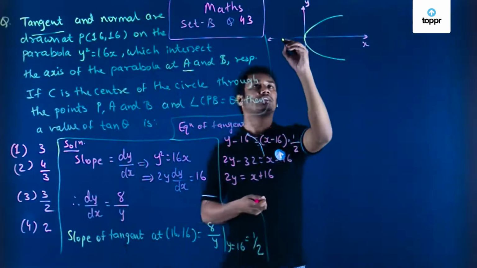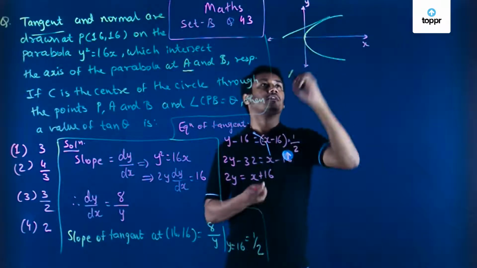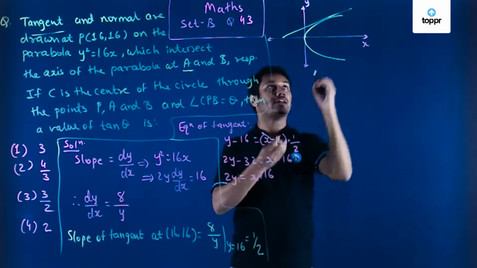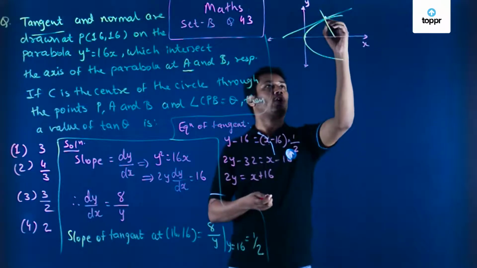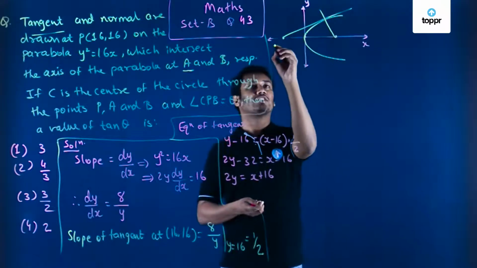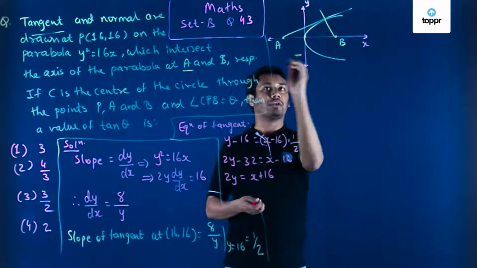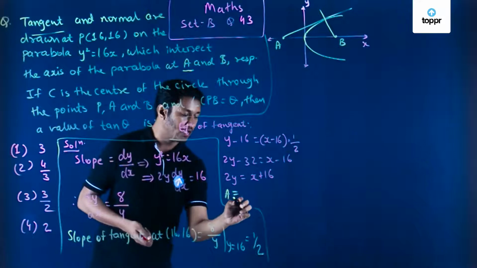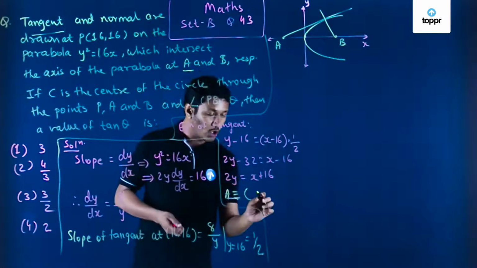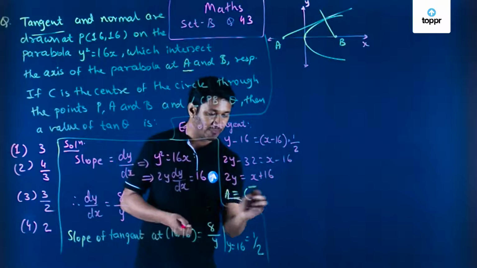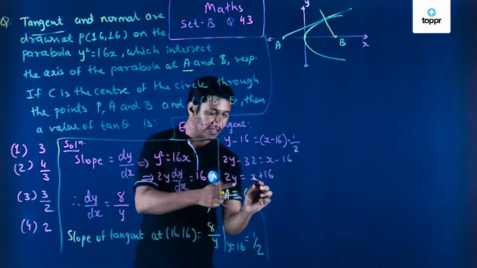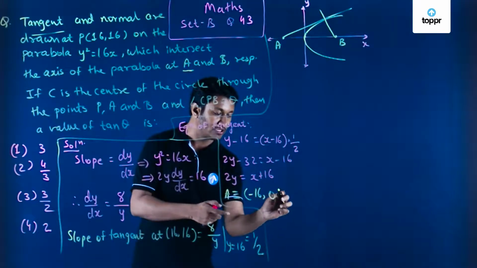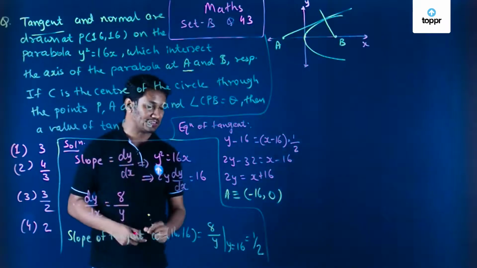So if I consider a tangent, let's say this is the tangent line, and let's say this is the normal, then these are the points we are talking about. This is point A and this is point B. Point A will be on the x-axis, and hence its y coordinate will be 0. Now in this equation, if I put y = 0, then I will get x = minus 16. So coordinates of point A will become (-16, 0).